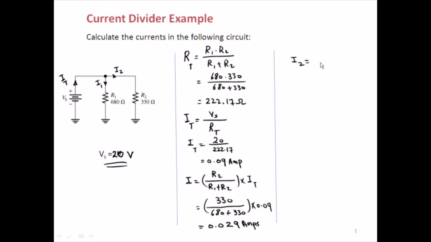I2 equals R1 over R1 plus R2 altogether multiplied by I total, and R1 in this situation is 680 ohms over 680 plus 330 ohms for R2 altogether multiplied by 0.09 for I total, and this gives me roughly 0.0605 amps.